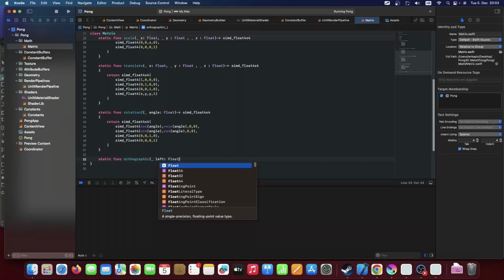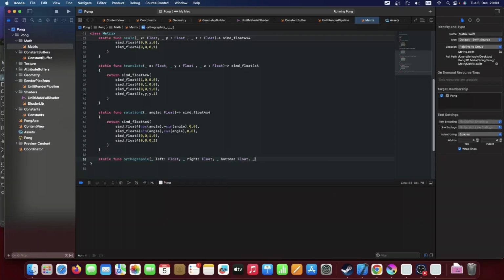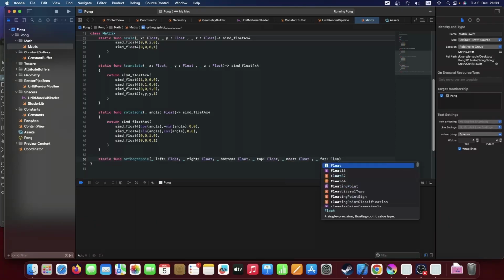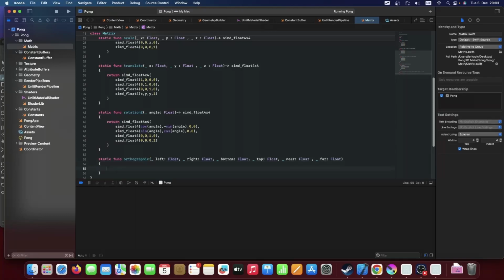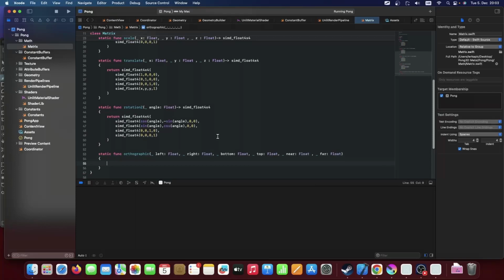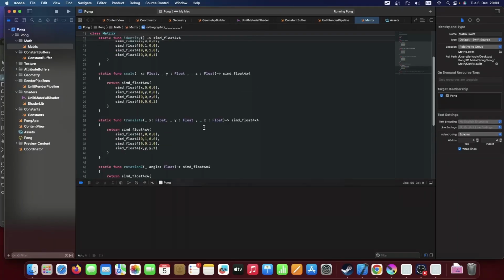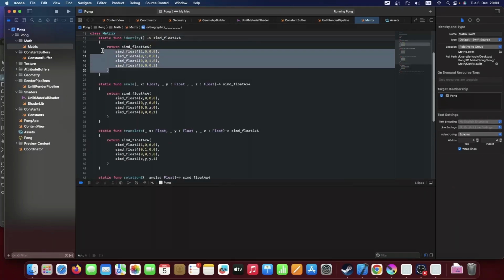We're going to have left, right of type float, bottom of type float, top of type float, and then near of type float. This is for z. And we're going to have far of type float. Then what we're going to do is just return this here.